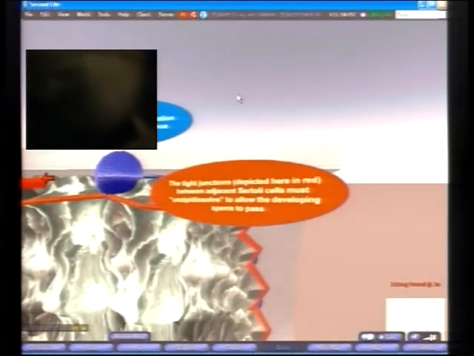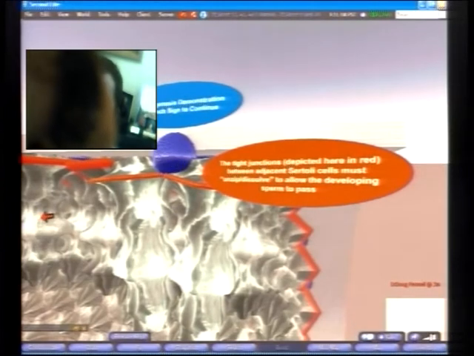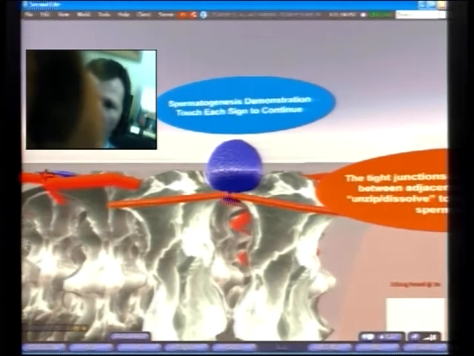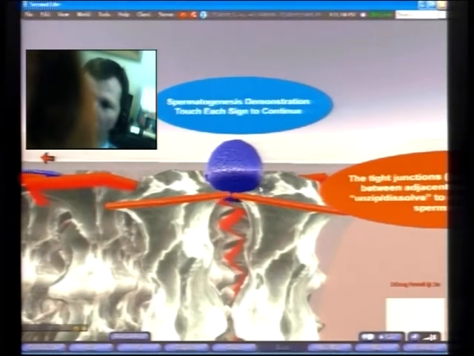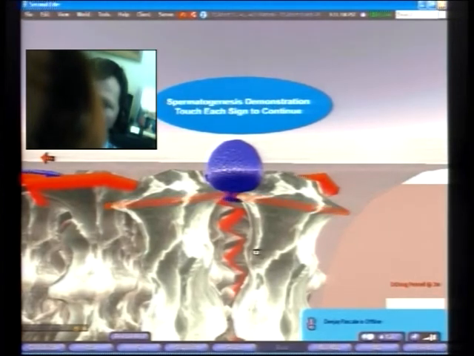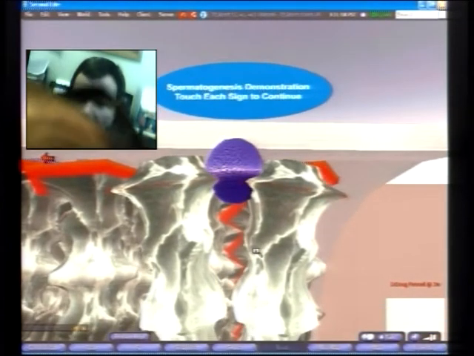And so what happens is that this blood testis barrier, these tight junctions, these red things, must dissolve, they must unzip to allow this blue spermatogonia to get through. And so you'll see these red tight junctions dissolve. Now the spermatogonia can get through, and as soon as it gets through, those tight junctions will reform again.